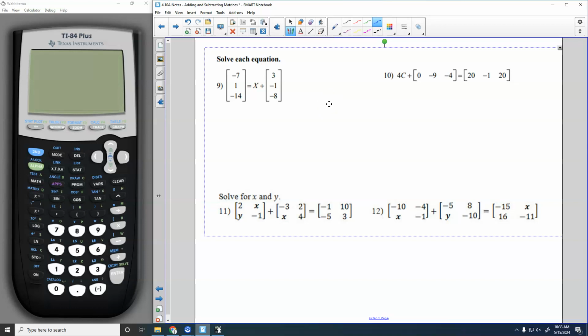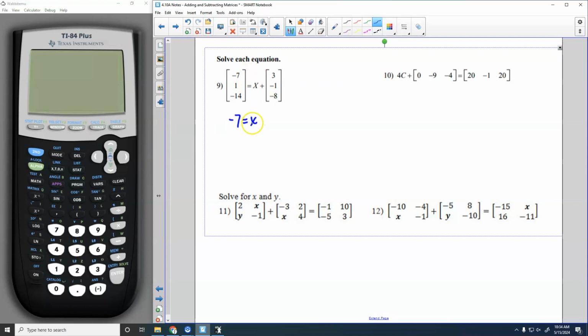What this does is it allows you to solve multiple equations at once. This is an option for solving. We'll do number 9 the long way, and then we'll look at the shorter way to solve. What it's really telling you is you've got 3 separate equations.